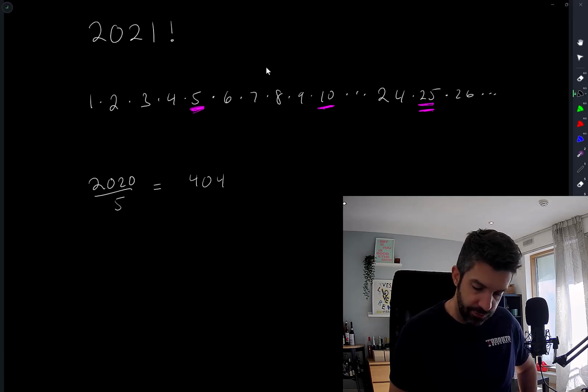Well, there's obviously no multiples of 25 between 2001 and 2021.